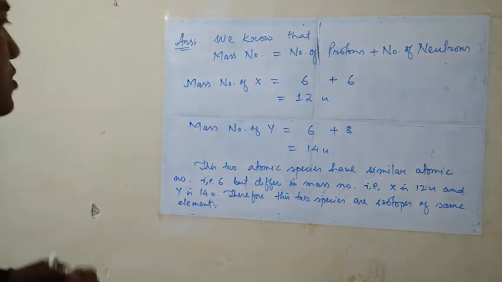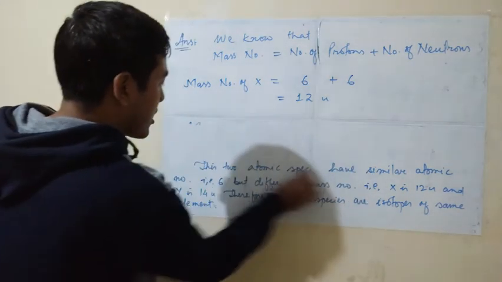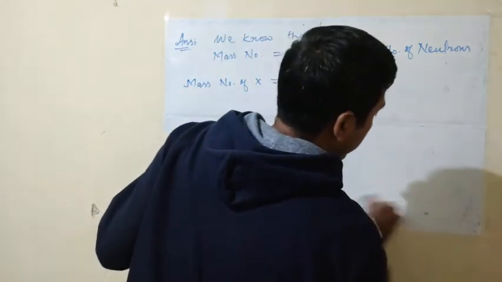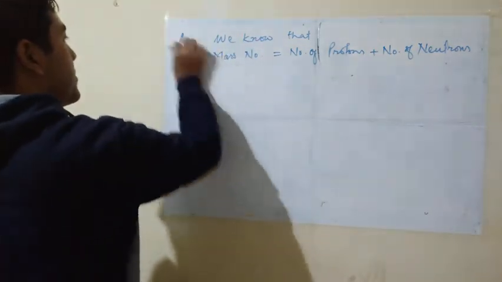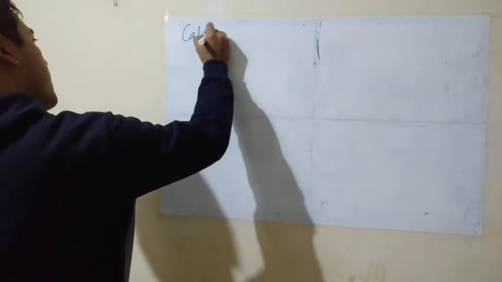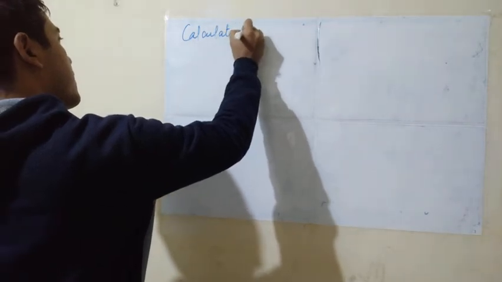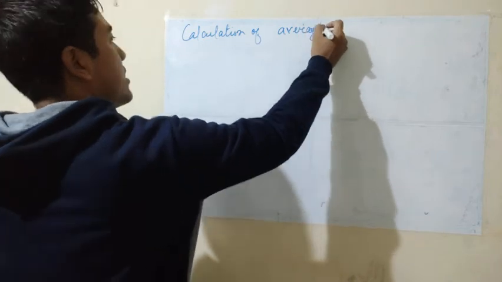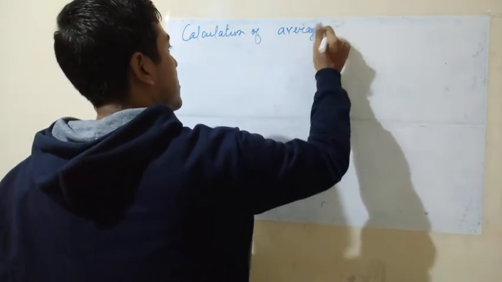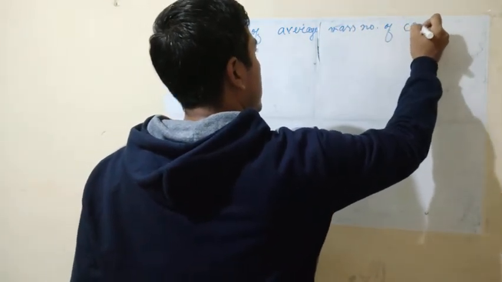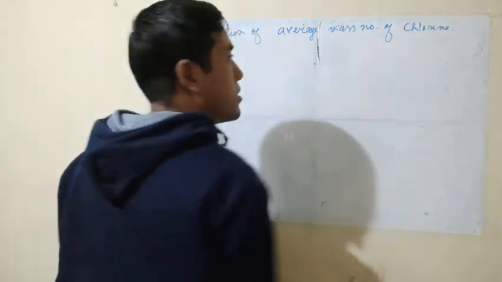Done. Okay, the last question for today I will explain. That is calculation of the average atomic mass of chlorine. This is one of the most important. Calculation of average mass number of chlorine.